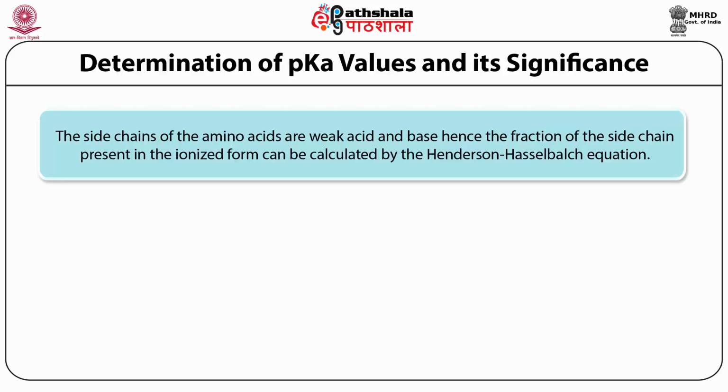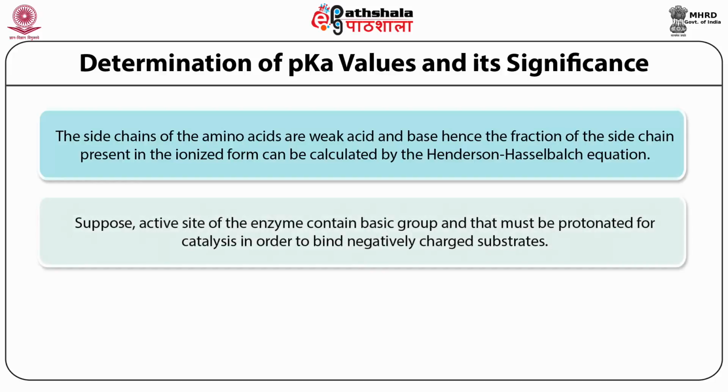Hence, at a pH equal to its pK, half of the weak acid will be ionized. Suppose an active site of an enzyme contains a basic group that must be protonated for catalysis in order to bind a negatively charged substrate.